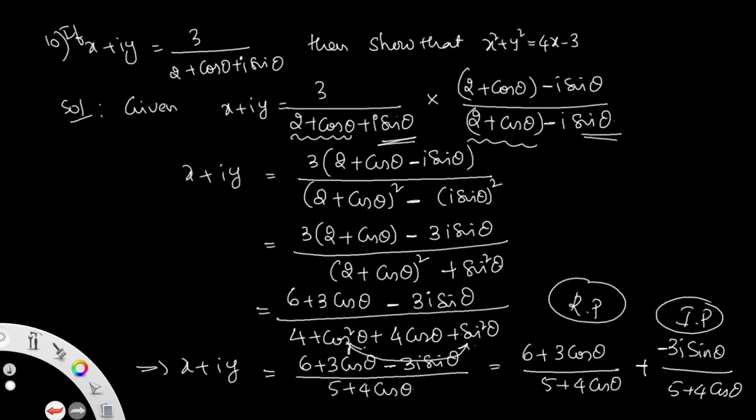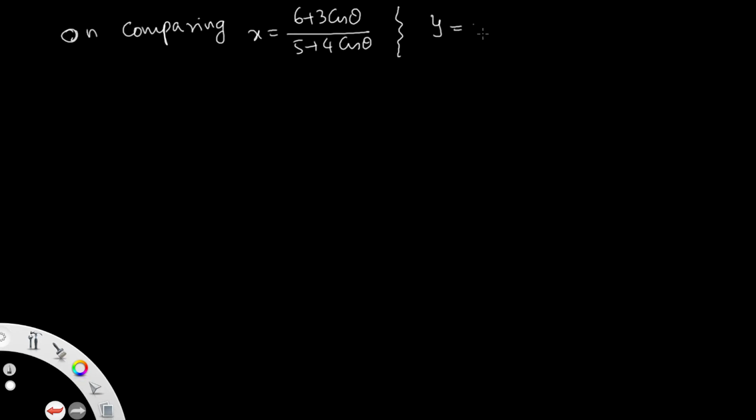Therefore, on comparing, x = (6 + 3 cos θ)/(5 + 4 cos θ), and y, that is the imaginary part, = −3 sin θ/(5 + 4 cos θ).